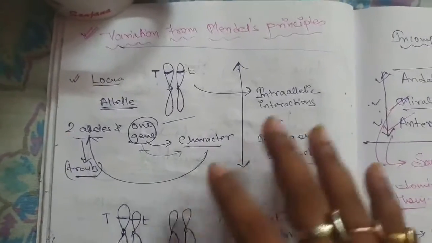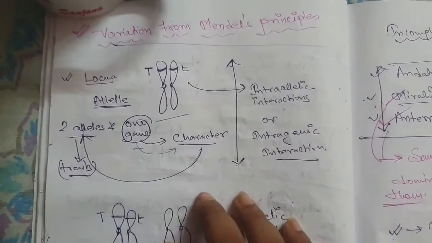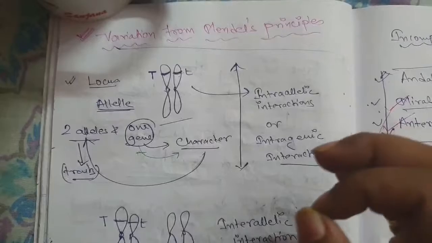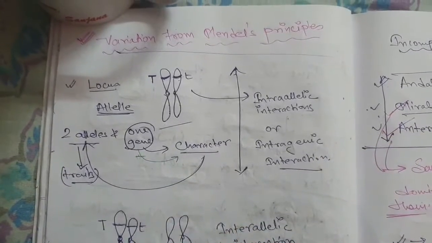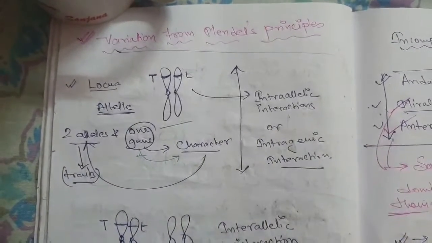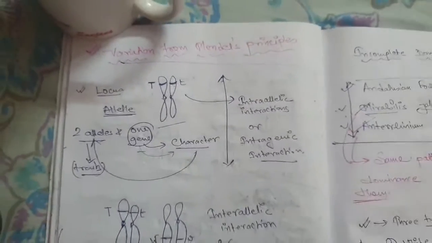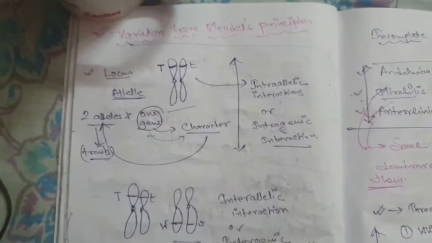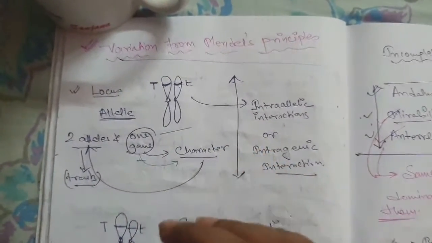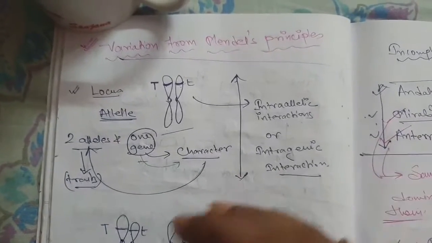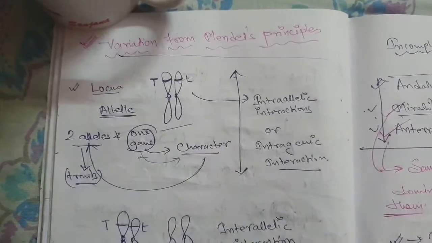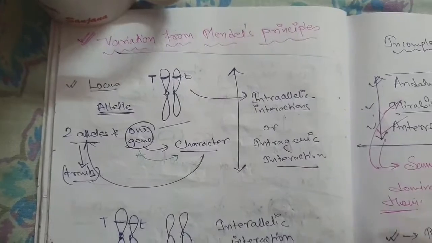First I taught Mendel's principle. You understood Mendel's principle. Now my aim is to teach all the variations together. I have taught all the variations in different videos, but in this video I am going to teach all the variations together.